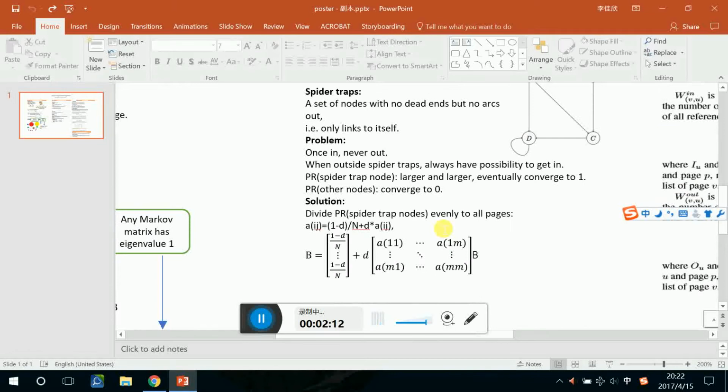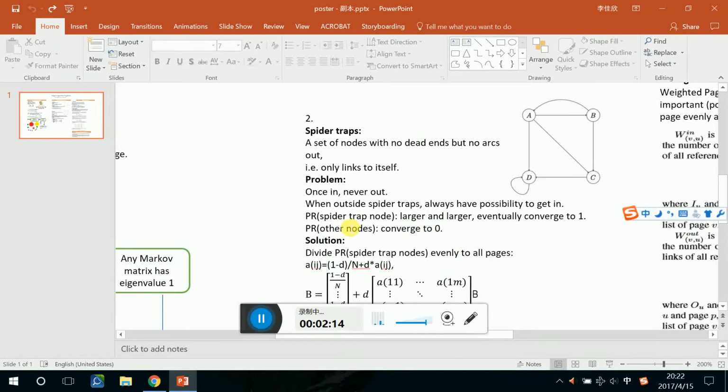So what's the problem? Once you are out of spider traps, you always have a possibility to get in, but once you get in, you never get out. So the PageRanks of such nodes will become larger and larger and finally converge to 1, while the PageRanks of other nodes will converge to 0.